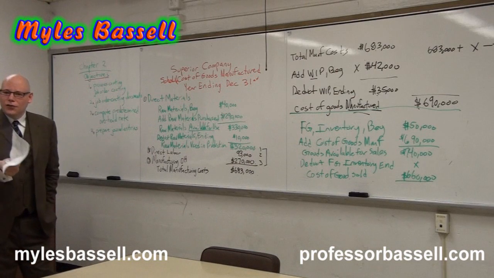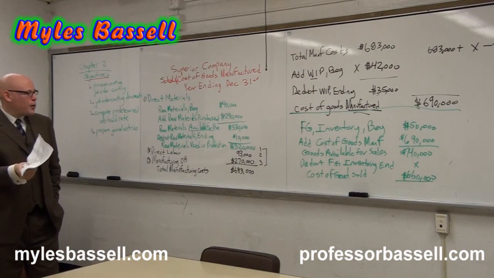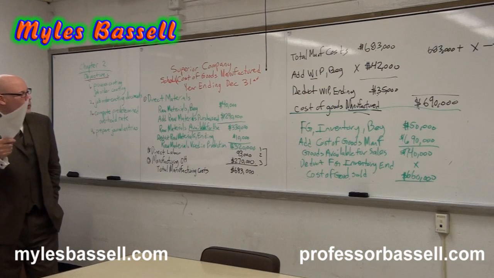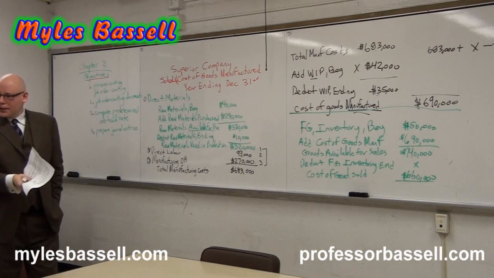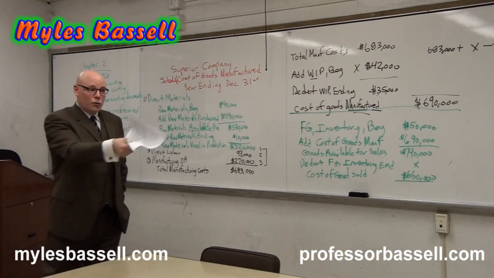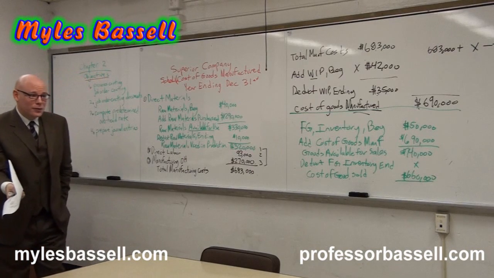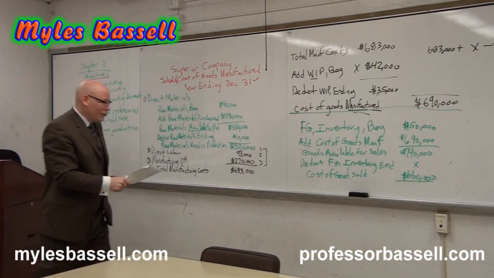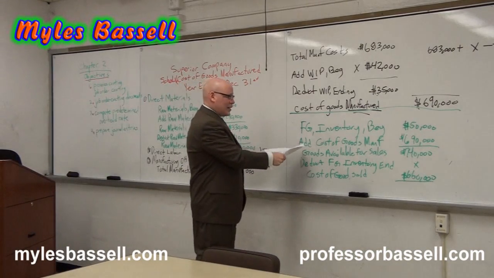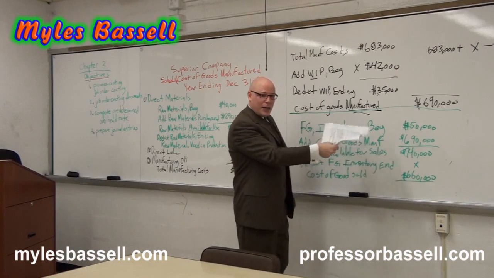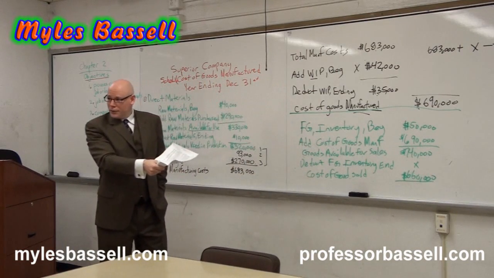What is that going to tell us? If we know how much finished good inventory we had at the beginning of the period, and how much finished good inventory we had at the end of the period, what does that suggest to us? That's what we sold. That's the amount that we sold. But we also know that there were certain goods that were manufactured during that period.